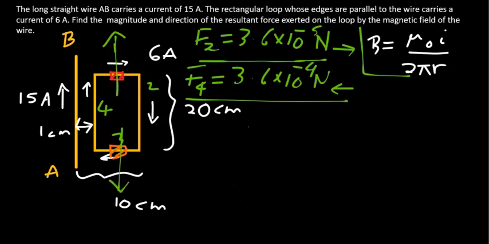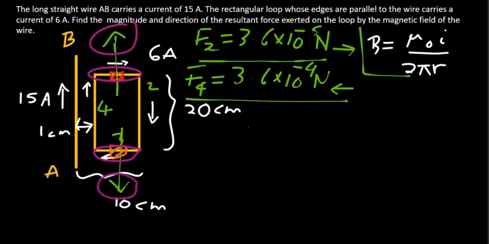The point of this analysis is to show that the magnetic force on this entire horizontal segment, whose direction is upward, will be fully cancelled by the magnetic force on this segment, which is going downward.